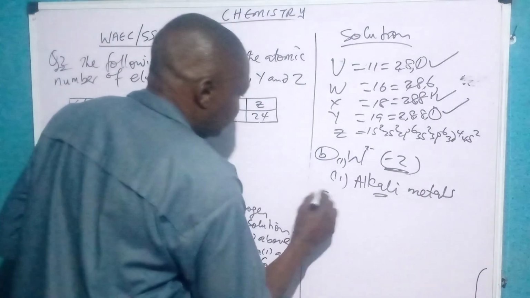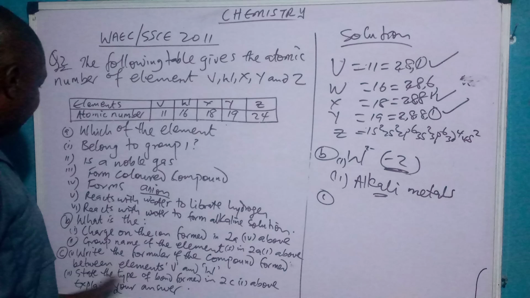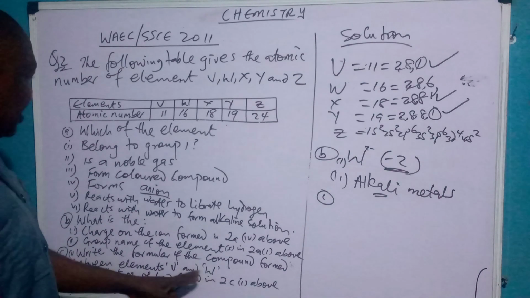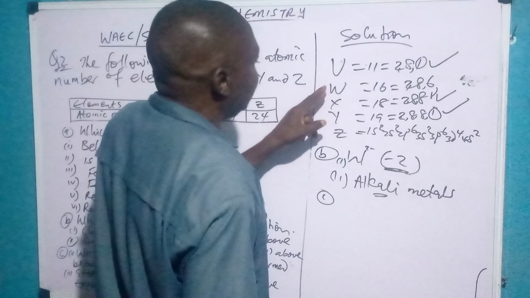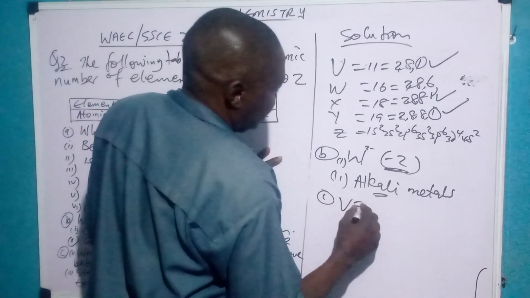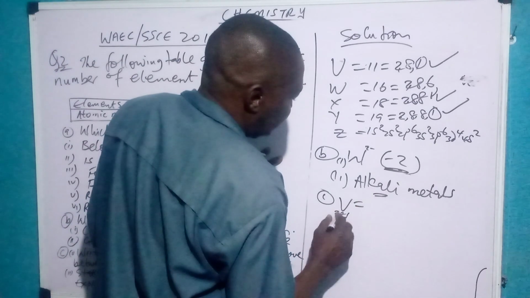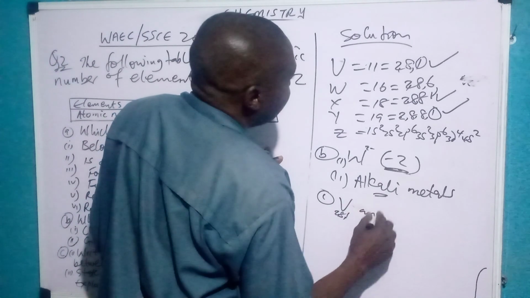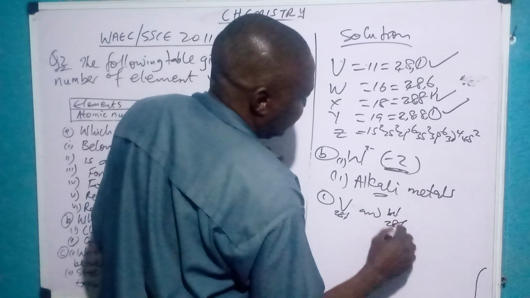Then C. Write the formula of the compound formed between elements V and W. This element V and this element W. You see that V has the electronic configuration 2,8,1, while W has 2,8,6.